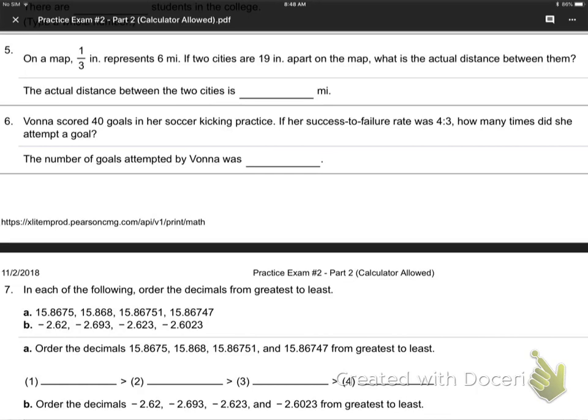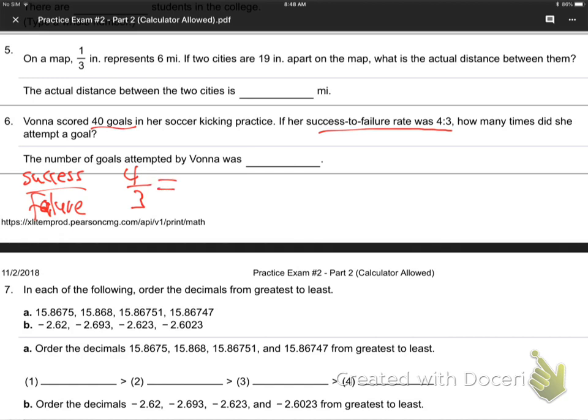Okay, number 6 now. Vonna scored 40 goals. Her success to failure was 4-3. How many times did she attempt? Now, if I write success to failure is 4-3, it's not going to work out because watch the problem.